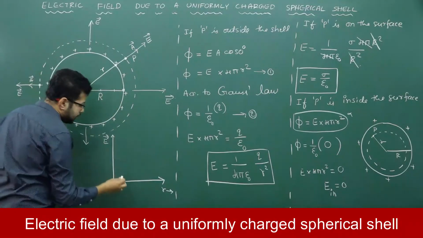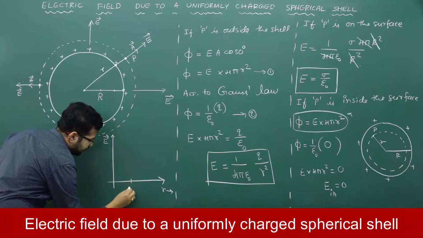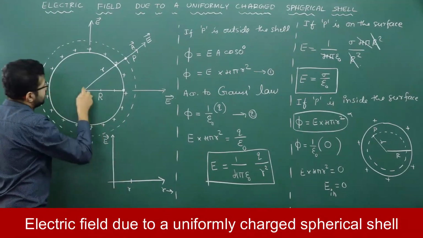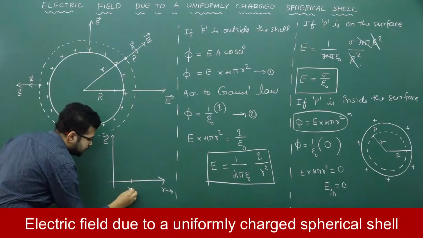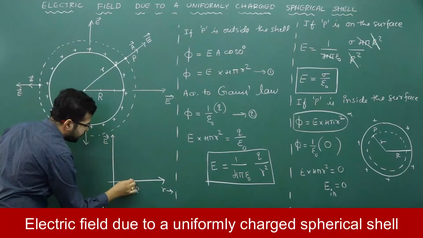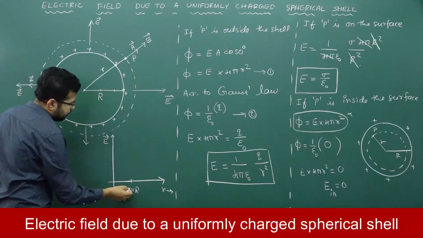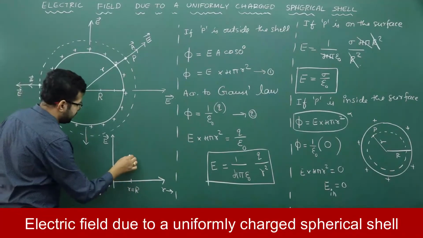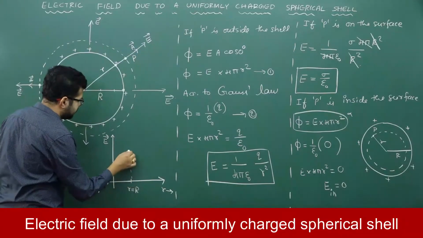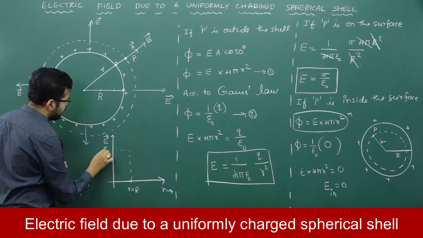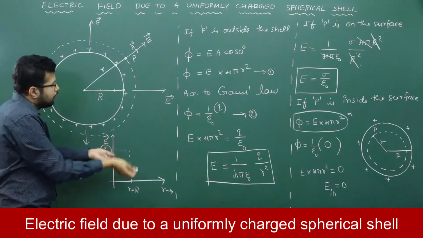So, till r, the distance of the point from the center, becomes equal to capital R, electric field is 0. So, when small r equals capital R, electric field is sigma by epsilon naught, and it is the maximum electric field. Then what happens?